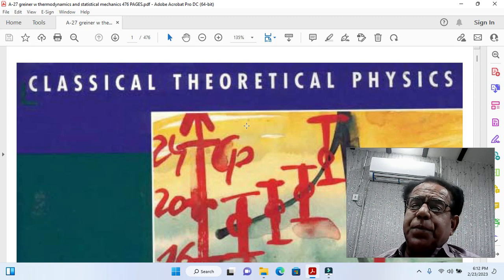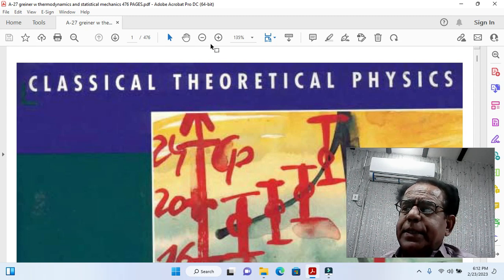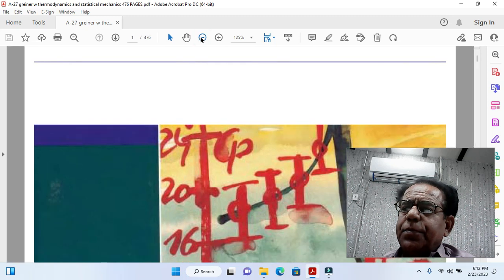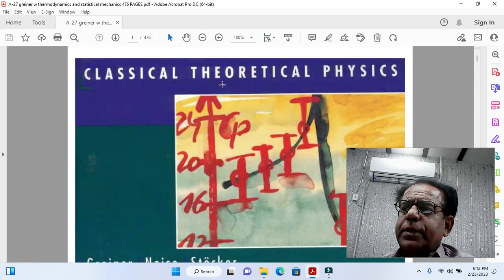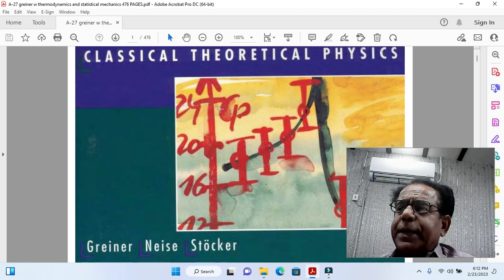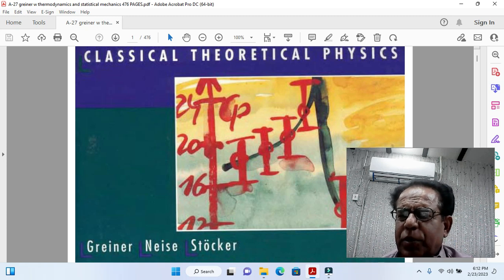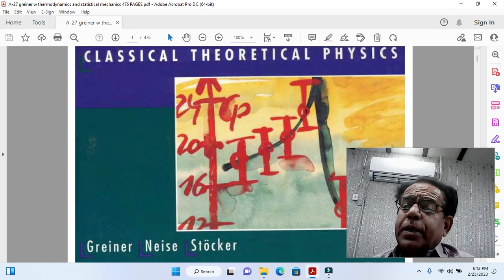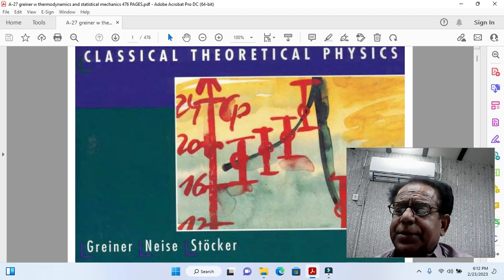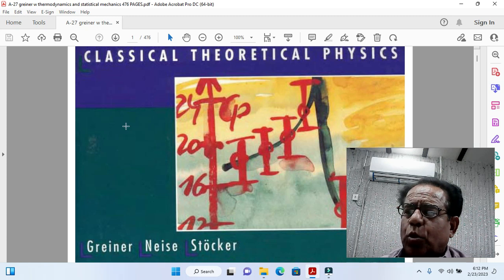Classical Theoretical Physics, Grainer, Nolte, Stoker. These are two or perhaps three authors, hopefully three. Grainer, Nees or Nice, and Stoker.